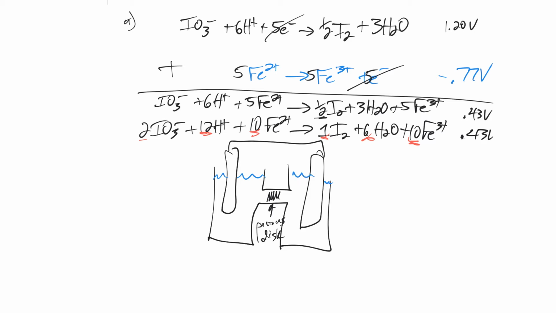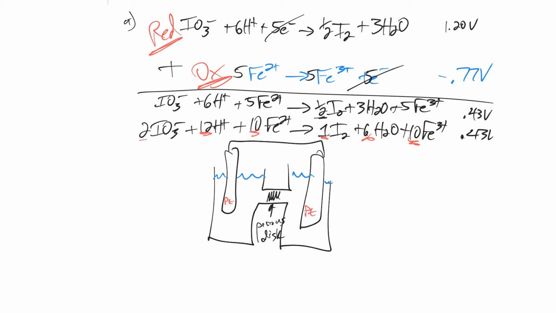And since we know that the reduction half reaction was the one that had iodate ion, and the oxidation half reaction was the one that had iron 2 ion, and neither of those half reactions includes a solid species, we've got to put platinum.